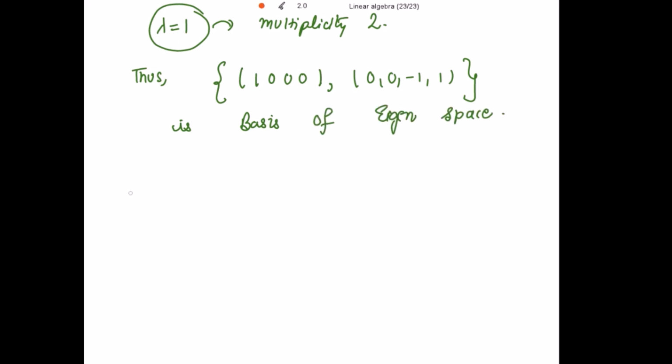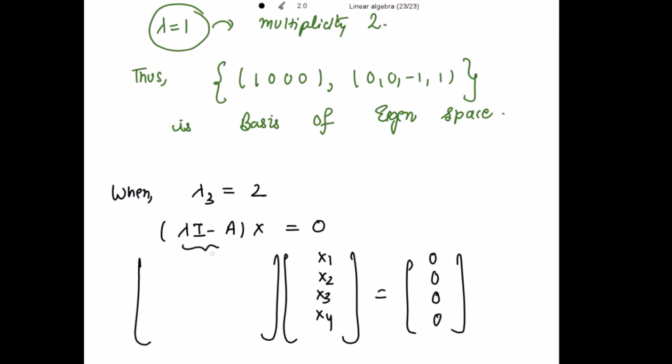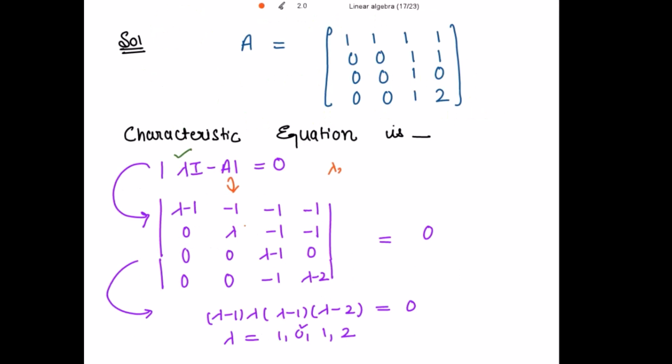And now the third case, when we have the third eigenvalue, that is equal to 2 of multiplicity 1. For this we get the matrix to be this one, when putting the third eigenvalue equal to 2. So 2 minus 1, that is 1, and minus 1, minus 1, minus 1, right?